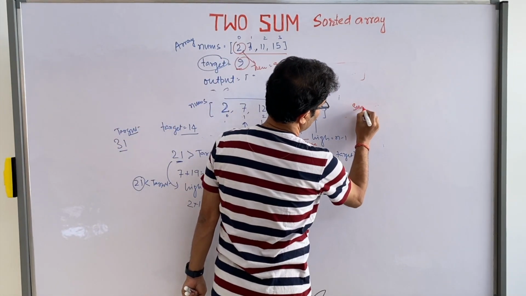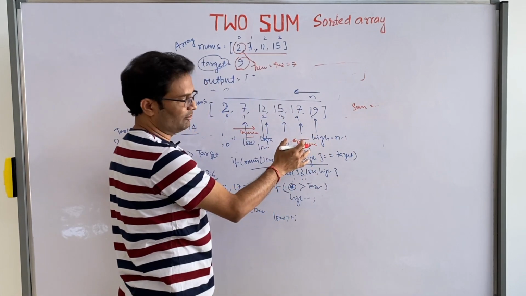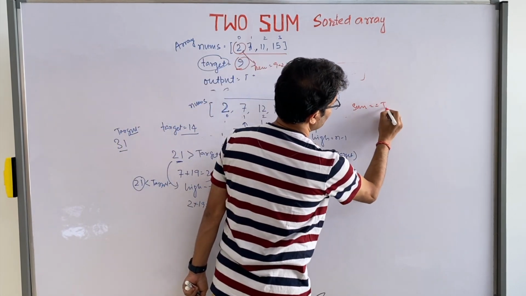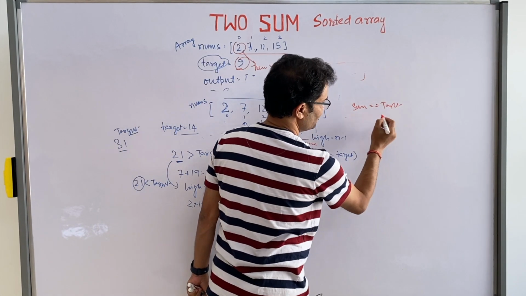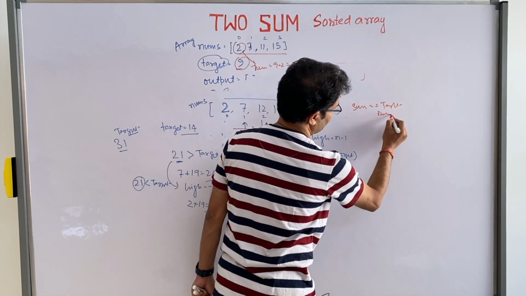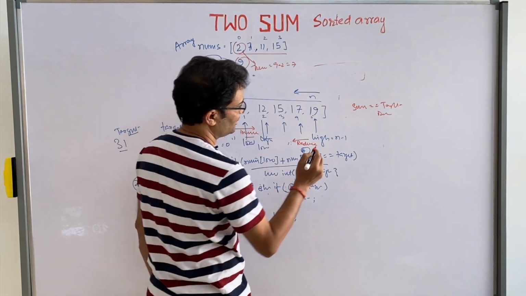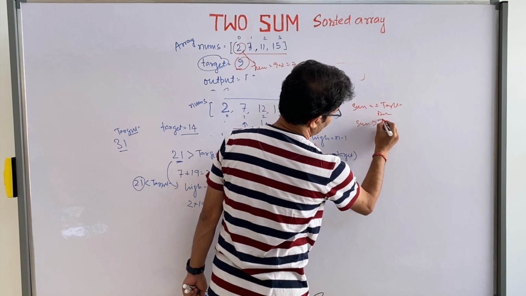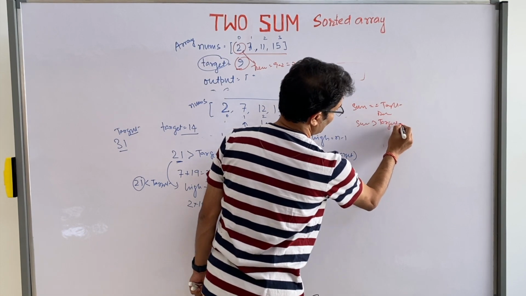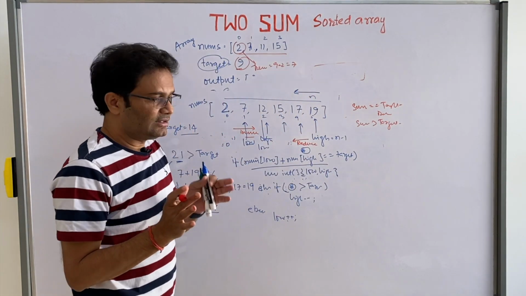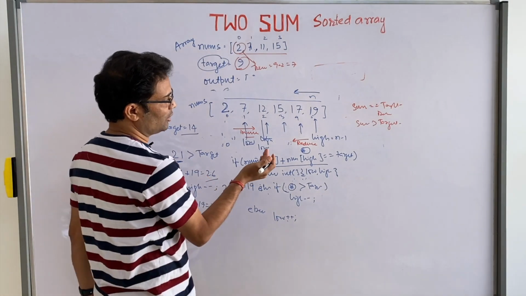If you sum the low and high element values, and it is equal to the target, then simply return the index of the low and high. If your sum is already greater than the target, you have to reduce the number. So how can we reduce the number?